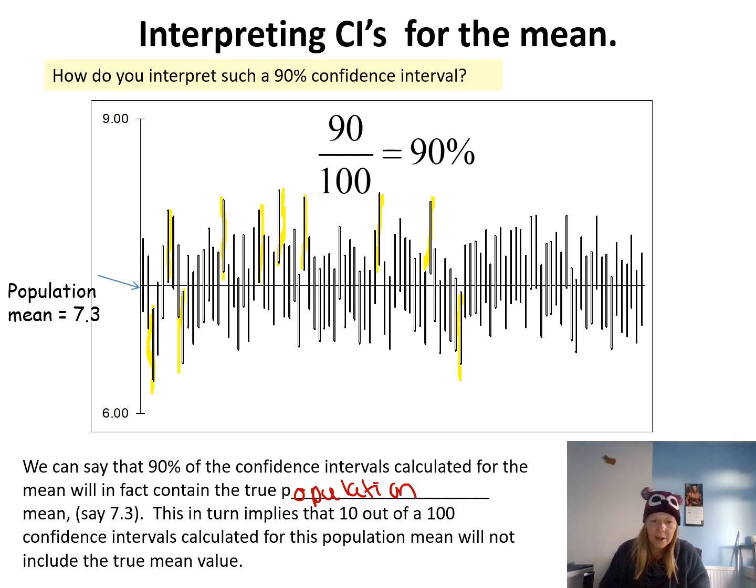This in turn implies that 10 out of 100 confidence intervals calculated for a population mean will not include the true population mean. So in other words, they're not 100% reliable. However, the higher the percent you use, the more reliable the confidence interval is at having the true population mean in it. But obviously there'll be a larger interval if we want to be more sure the population mean's in it.